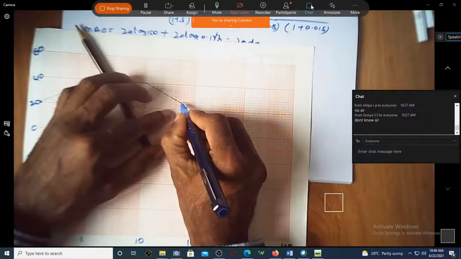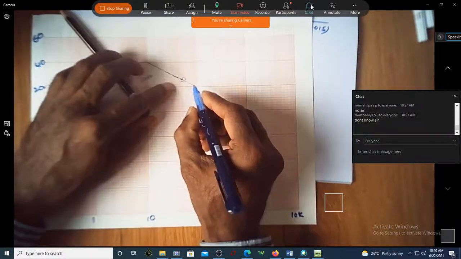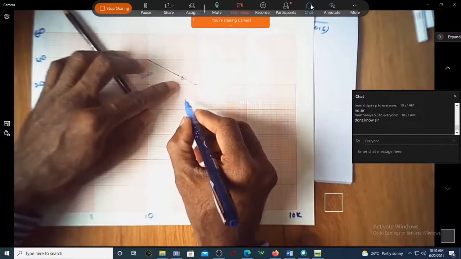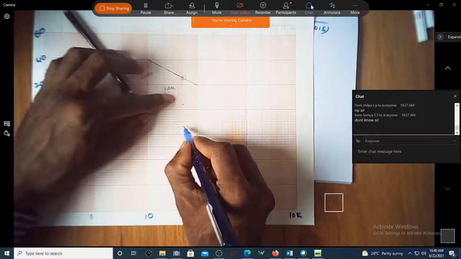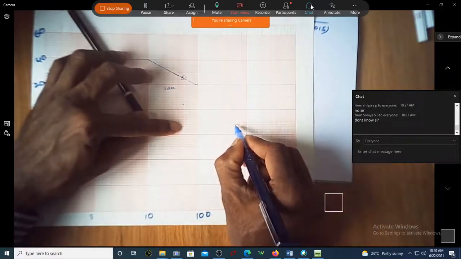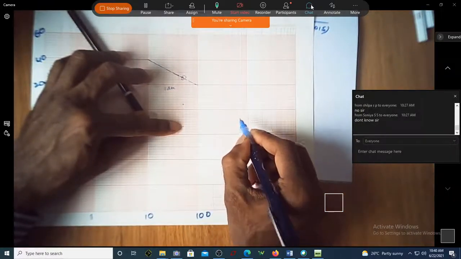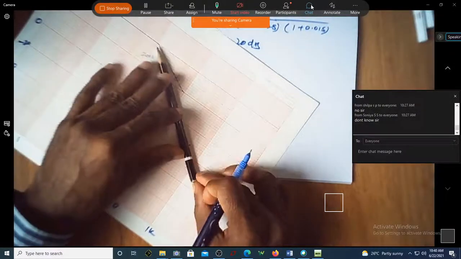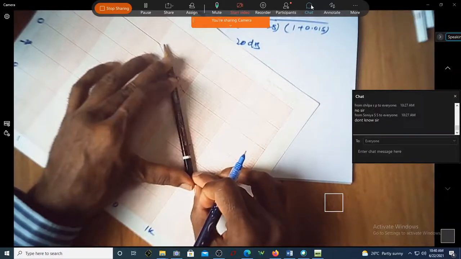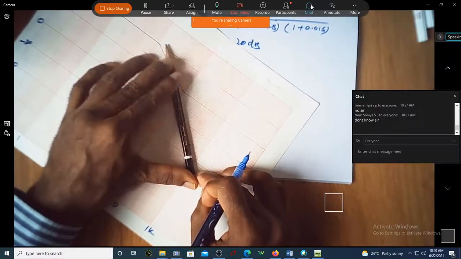So from here, come down by 40 dB. So this is 20, this is another 20, correct? And go by 1 decade. 1 decade is here, correct? Yes, sir. So now this is the slope. We should stop it at 100.